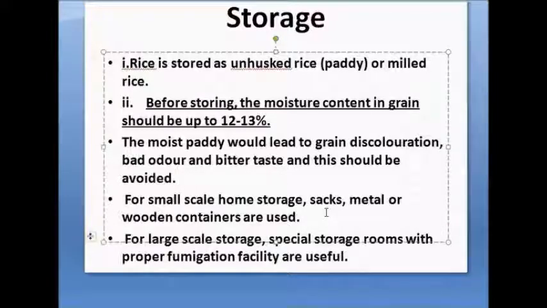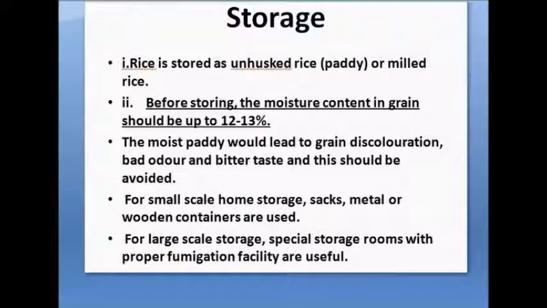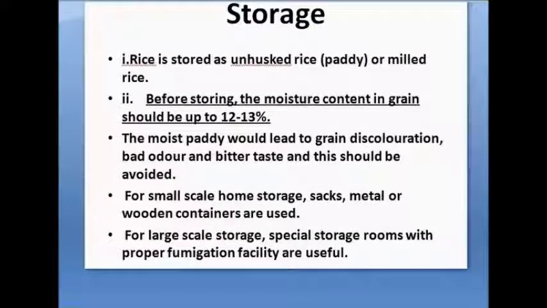In case of sacks, metal boxes, wooden boxes, at our home we can store. On a large scale, if you want to store 100 quintal, 1000 quintal, then at the godown, the warehouses, it can be stored and particular facilities are made available. So this is all about rice.